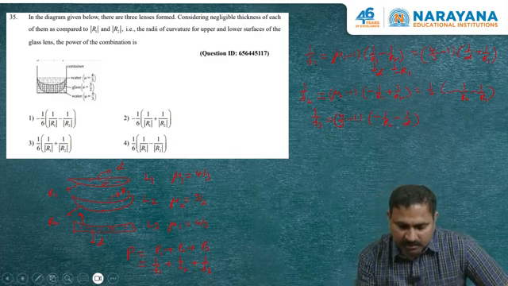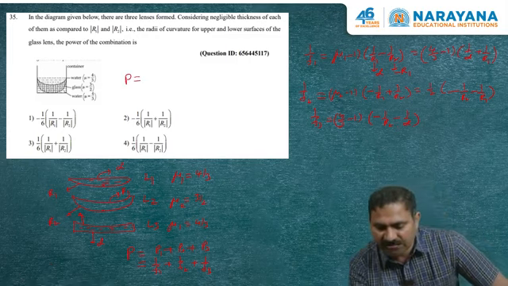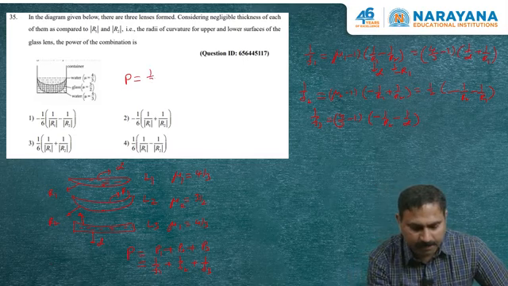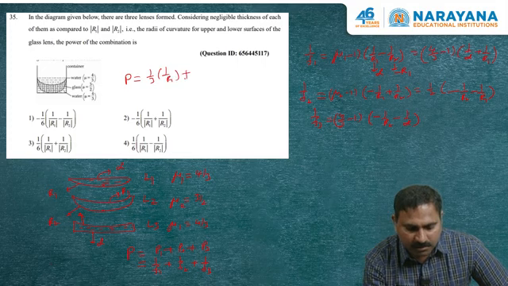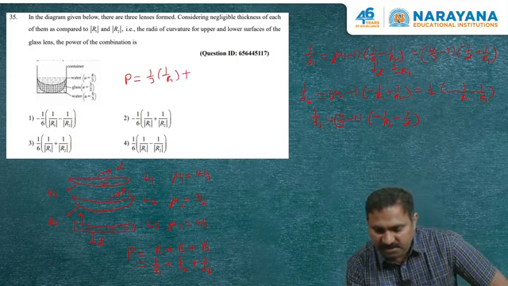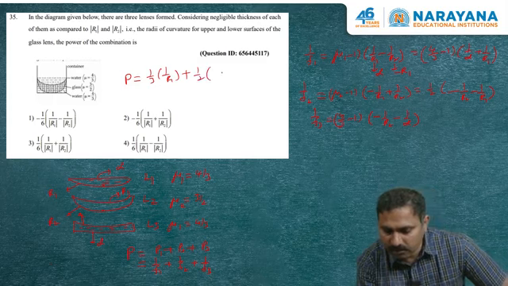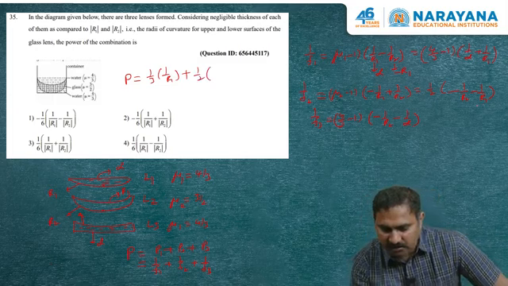So, from all these expressions, power equal to 1 by F1 is 4 by 3 minus 1, it is 1 by 3 into 1 by R1 plus, from this expression, 1 by 2 into (1 by R2 minus 1 by R1).